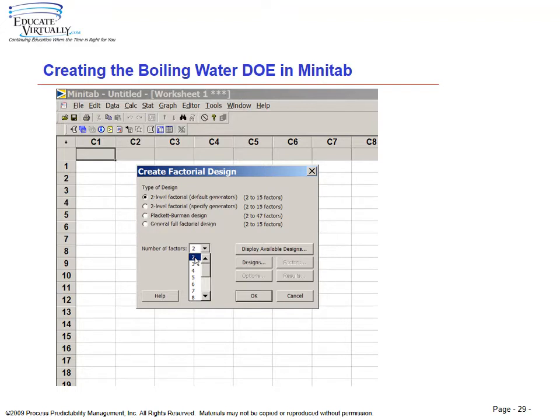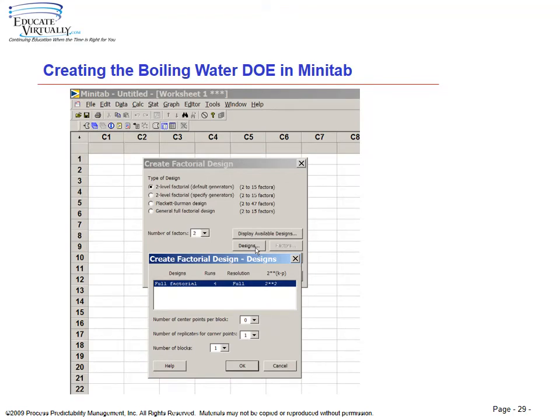We're going to have a 2-level factorial, which means we're going to have a low setting and a high setting. We're going to select the number of factors. There's going to be 2: whether it's covered or not, and whether it rotates or not. The designs that are available to us would be a full factorial with 4 runs. 2 factors at 2-level settings would be 4 possible combinations.